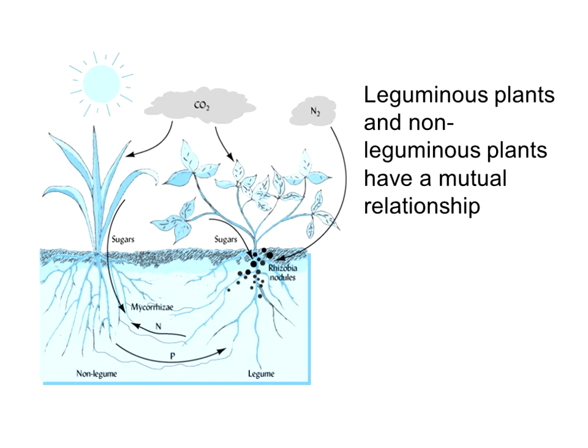I presented this slide to you before, but now that we're talking about mutualism, the mycorrhizal associations with non-leguminous plants is a form of mutualism, and the association of nitrogen-fixing bacteria with leguminous plants is an example of mutualism.